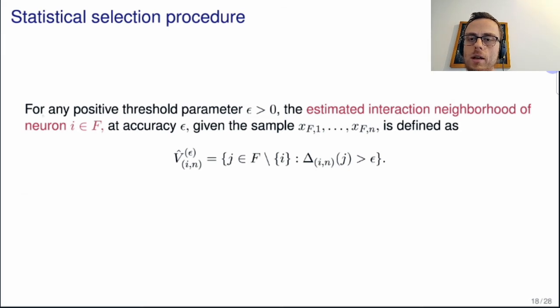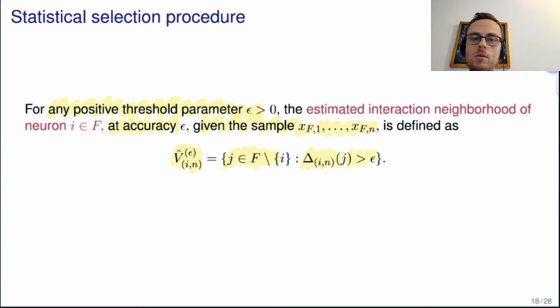For any positive threshold parameter epsilon, the estimated interaction neighborhood of neuron i at accuracy epsilon, given the sample x_1 up to x_n, is defined as the set V hat_epsilon^i,n, which is the set of all neurons in I minus i for which the test statistic delta_ik is greater than epsilon.